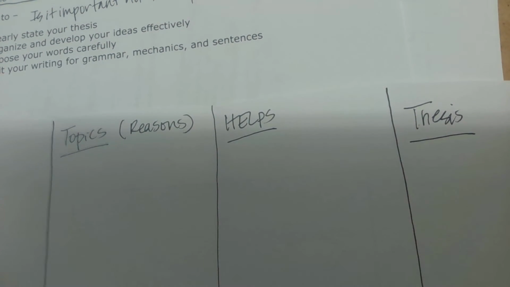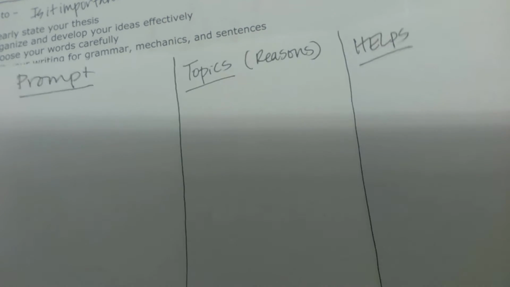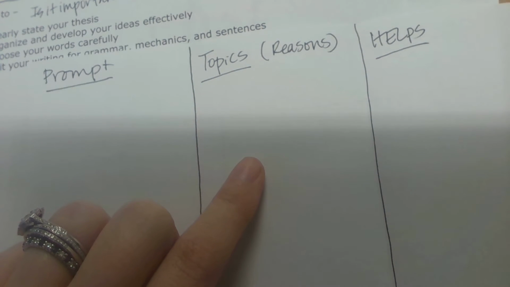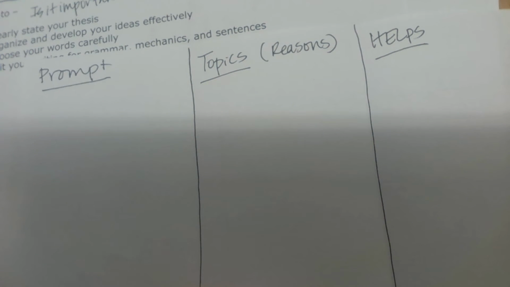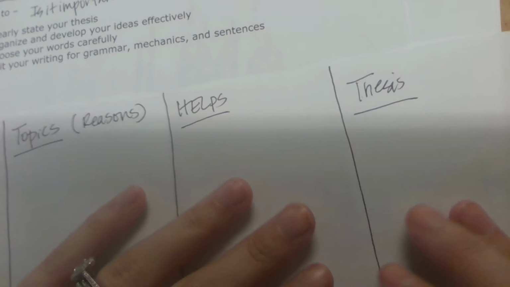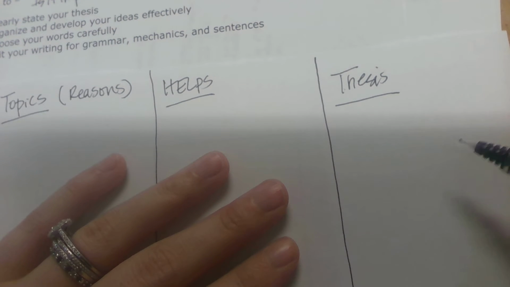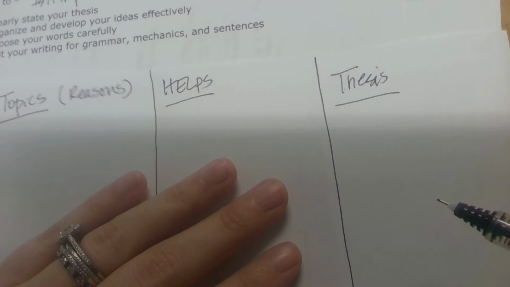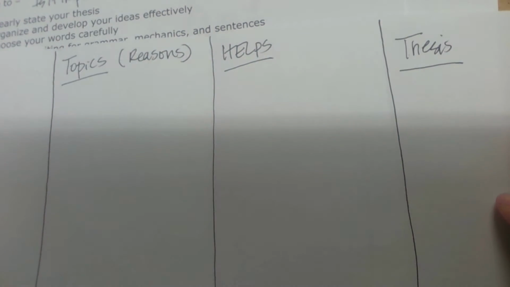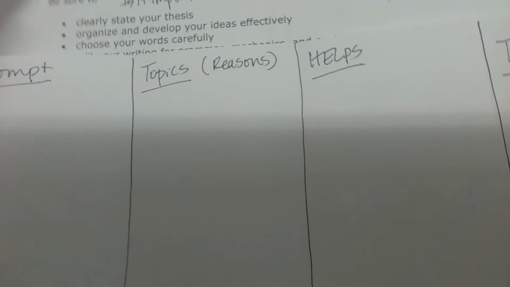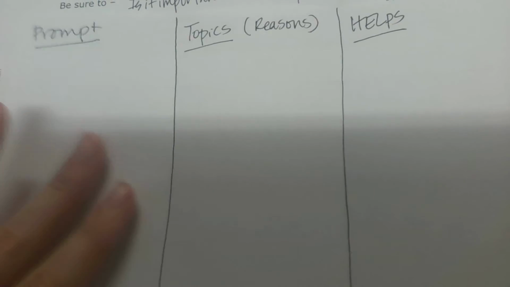Now, everyone's brain works a little bit differently. Usually I like to do my topics first and then do my thesis statement so I can just plug them straight in. Some of you, it might help to do your thesis statement and take your position and then come back to do your topics. So again, it's completely up to you what order you want to go. You're the writer, so you get to make that decision yourself.